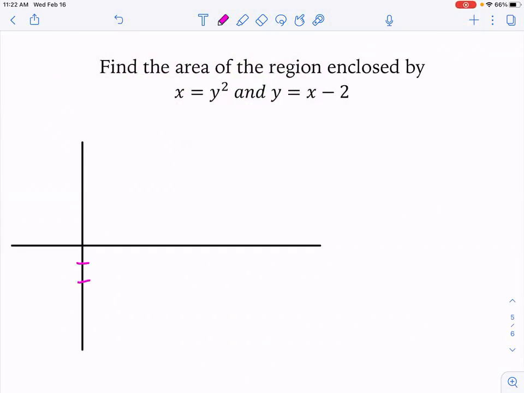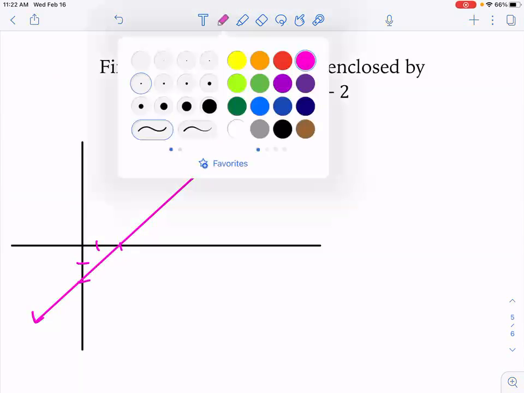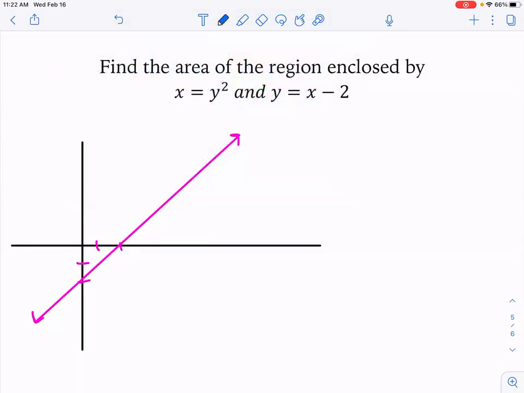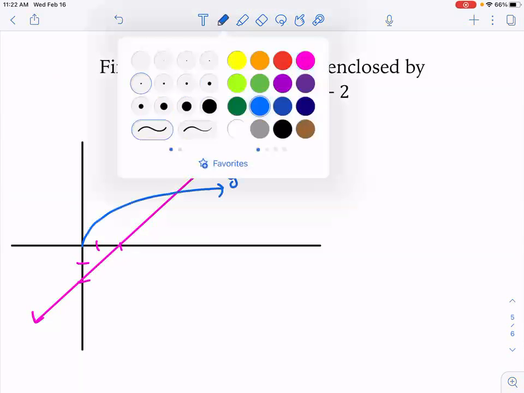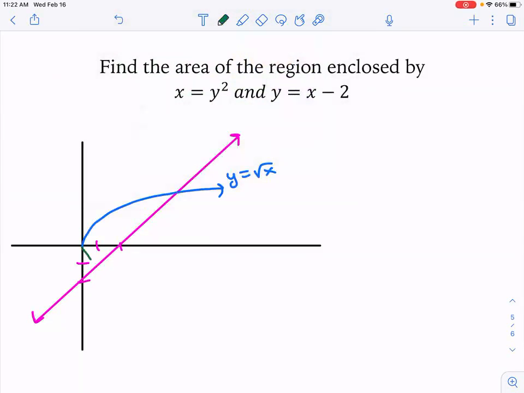Okay. So technically, we have y equals positive square root of x and y equals negative square root of x. So this right here is our region.